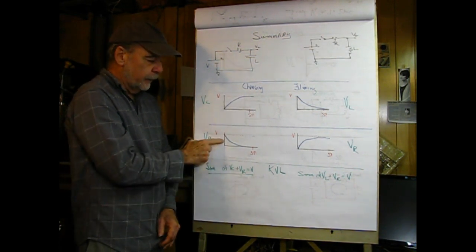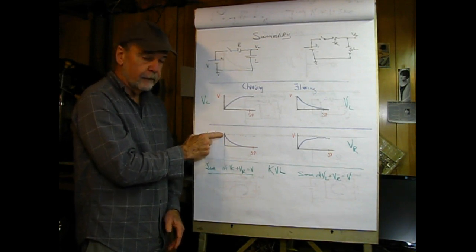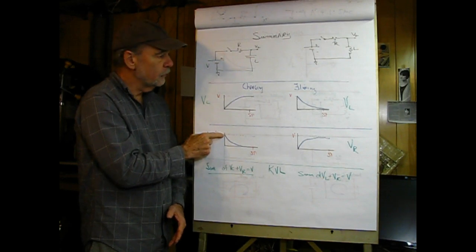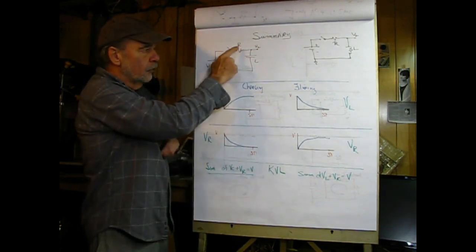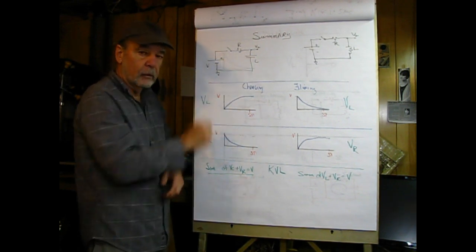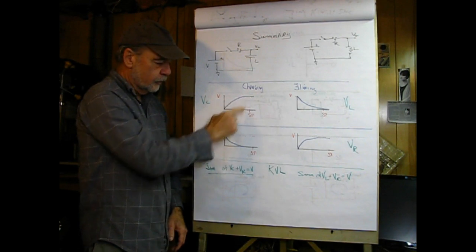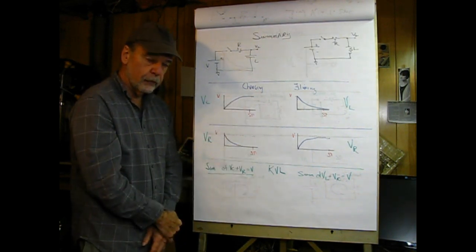Contrarily, VR in an RC circuit starts out at V, and that's because VC is 0, so all of the voltage V has to be located across the resistance. So the voltage here and the voltage here have to equal the voltage here per KVL, and as the capacitor voltage grows, the resistor voltage drops.